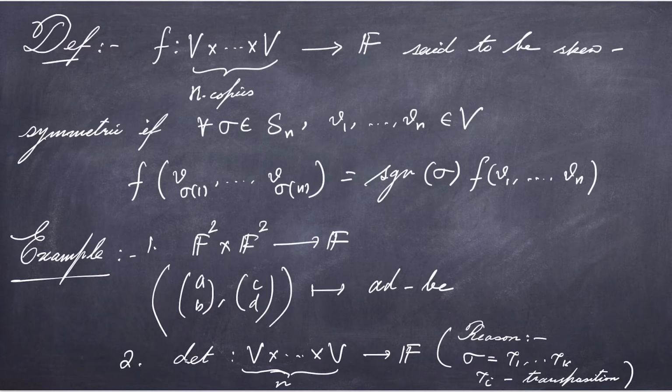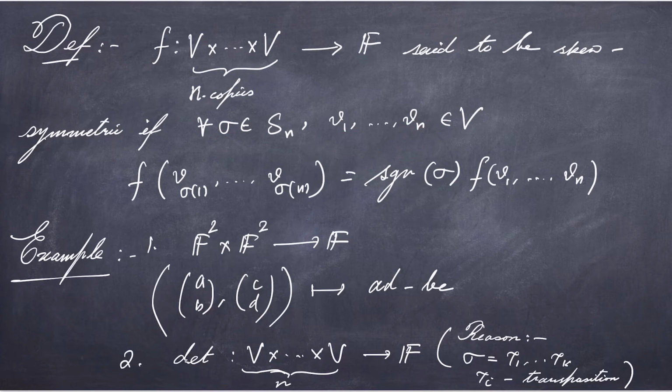Then we further rearrange using tau k minus 1. Again that will contribute a minus 1. We keep on going like this. Finally, after performing k steps, we have arranged these elements according to sigma.